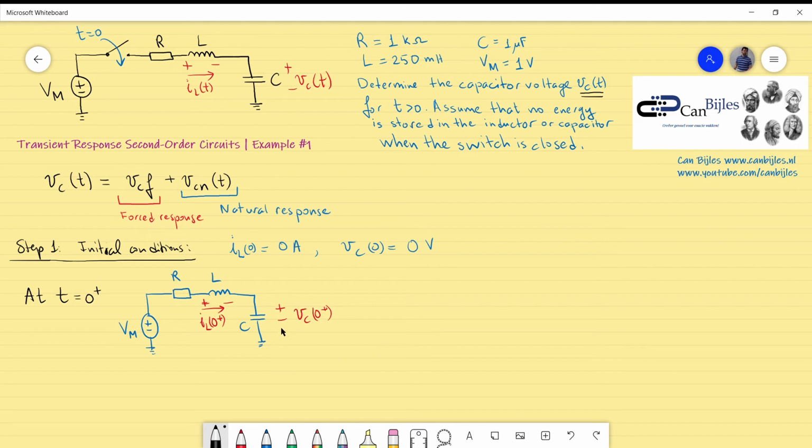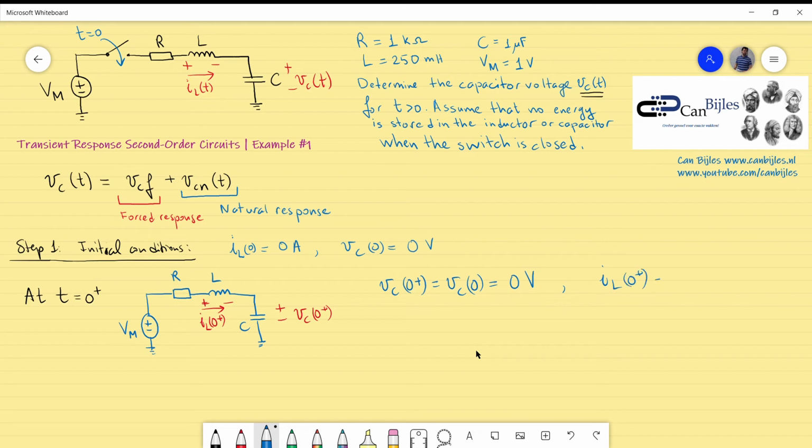The continuity condition says that the capacitor voltage cannot change instantaneously, and the inductor current cannot change instantaneously. So there is required finite time for that. What this implies, in formula form, is that the capacitor voltage at 0 plus is equal to the capacitor voltage at 0. That means it will not change just after switching. This will also hold for the current for the inductor.